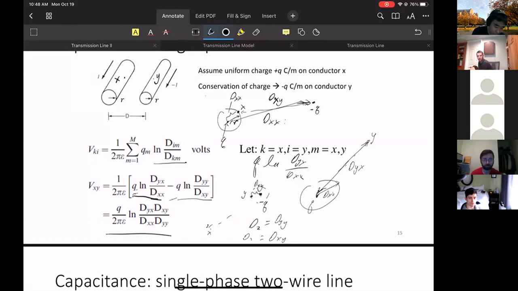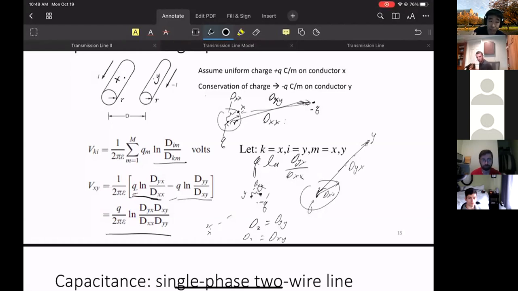Right, so this is saying I'm only computing the potential difference from x to y. I'm not computing the potential difference from y to x. This is measuring only x to y. And this potential is contributed by two charges.